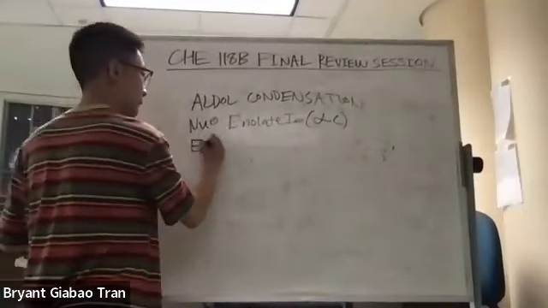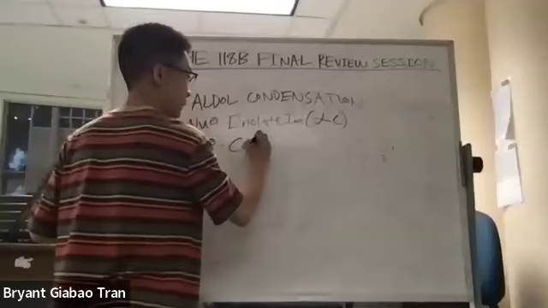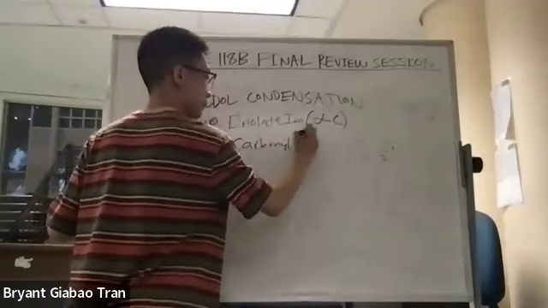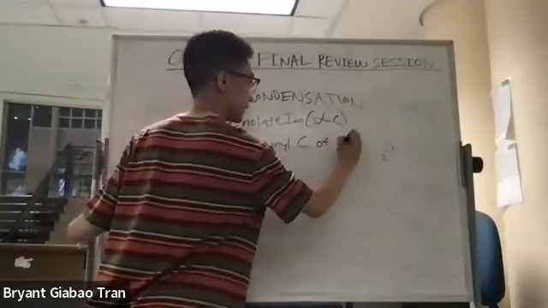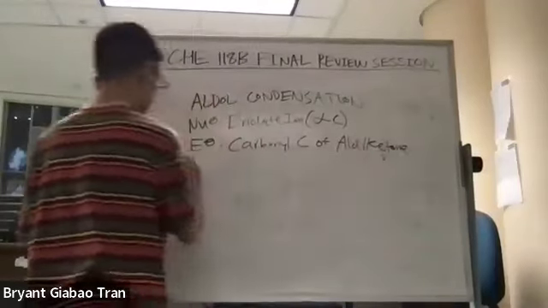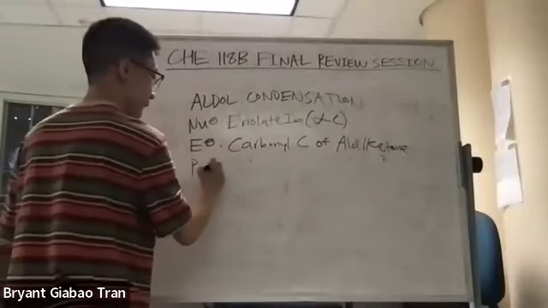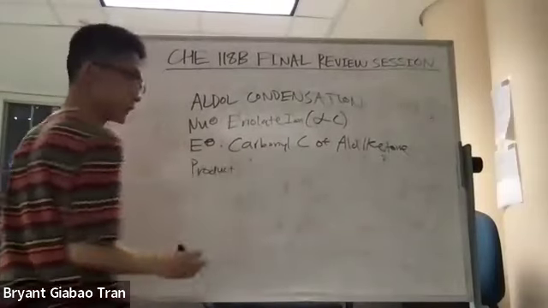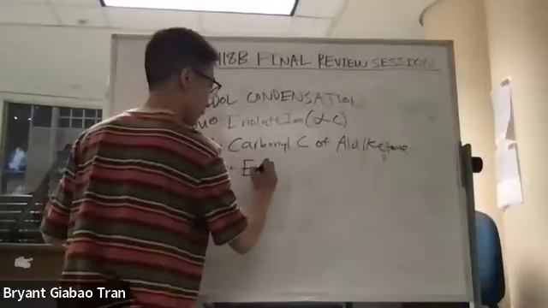The electrophile for an aldol is going to be a carbonyl carbon of an aldehyde or ketone. The product that you get is going to be an enone.